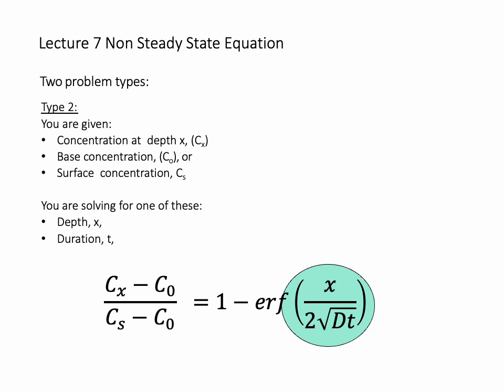The second problem type is where the unknown is on the right side of the equation. I'm given all these concentrations, and I am trying to calculate x or time t, typically not the diffusivity. So for this video, I'm going to look at problem type 1.